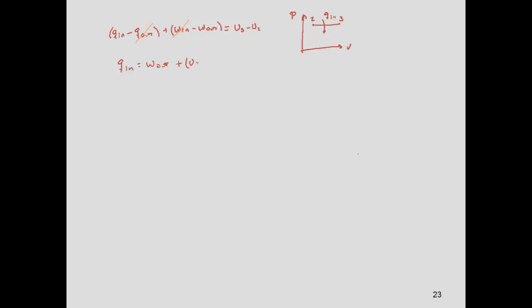Plus U3 minus U2. Now, this work out, if we evaluate our integral of P dV, we will get that pressure is constant, and then we have the difference in volumes.